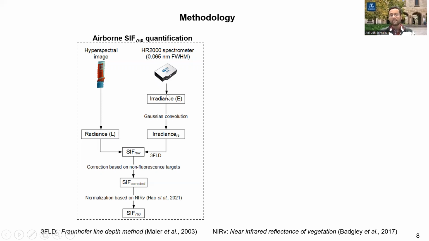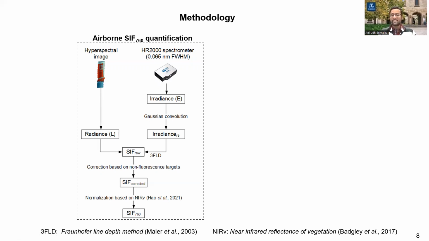To match the spectral characteristics of the individual narrowband and sub-nanometer hyperspectral imager, the irradiance was resampled based on the spectral characteristics of both images. Using this resampled irradiance and radiance from the two hyperspectral imagers, SIF was quantified using 3FLD method.